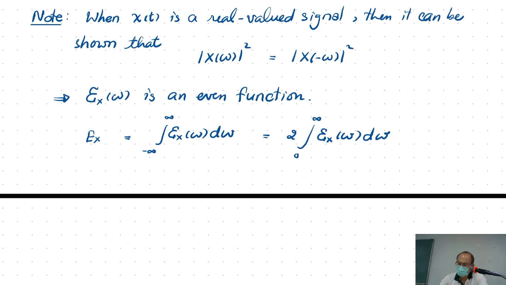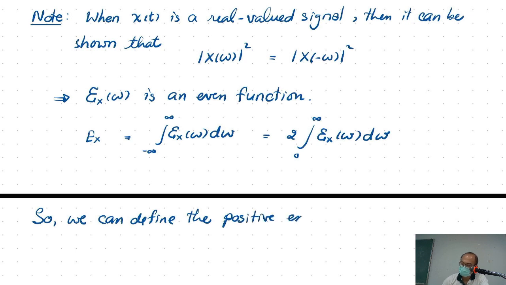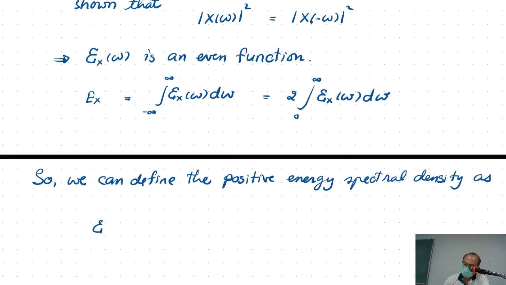We can define the positive energy spectral density as E of x plus.